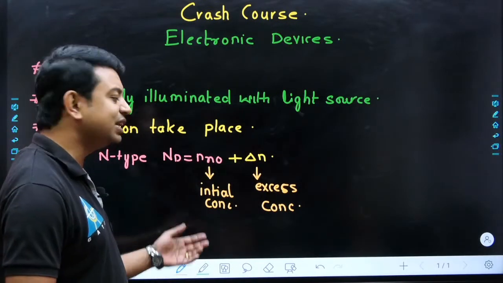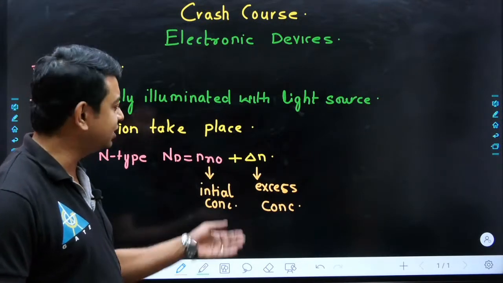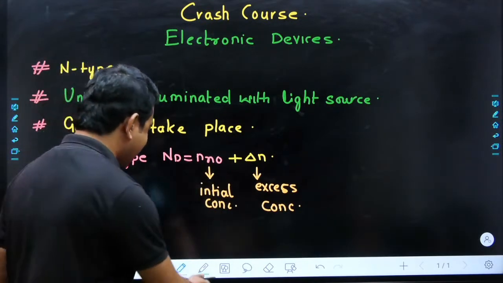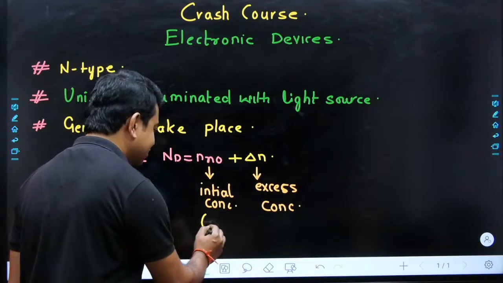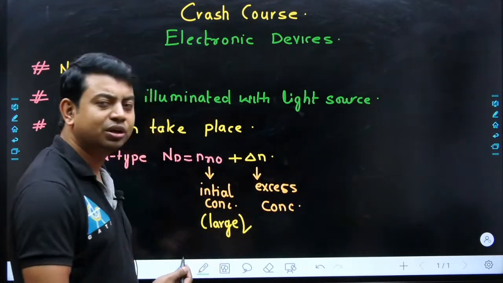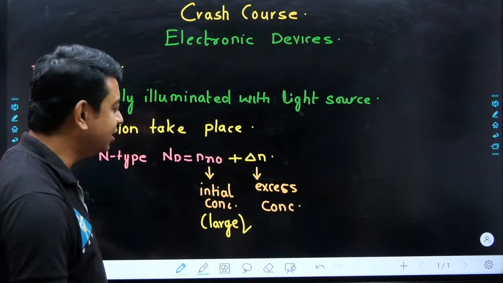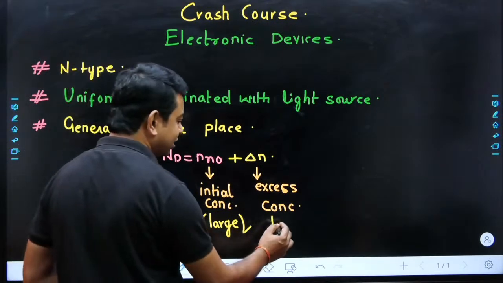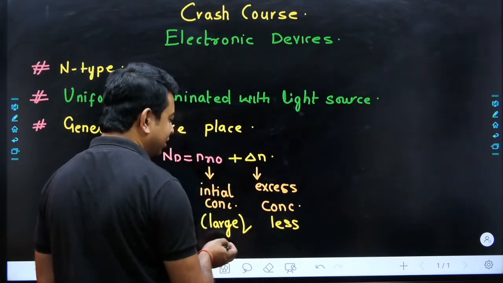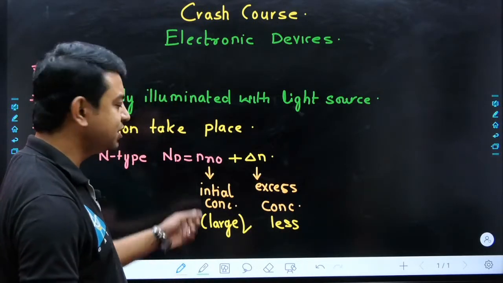But since it is an n-type semiconductor, the majority charge carrier concentration is initially very large in quantity. So, if we have added some more charge carriers by illuminating with light, then this will be very less in quantity. So, we just ignore the presence of this excess carrier concentration in presence of this majority charge carrier concentration.